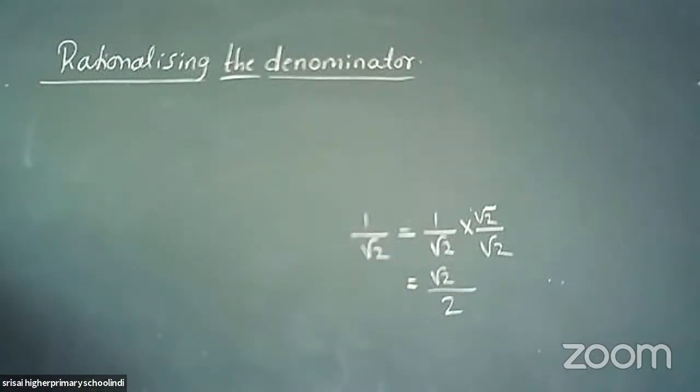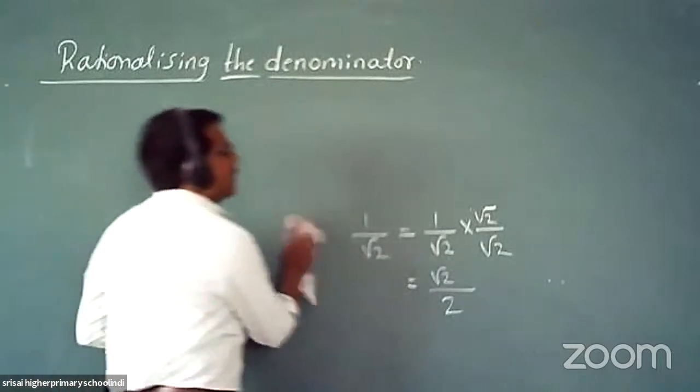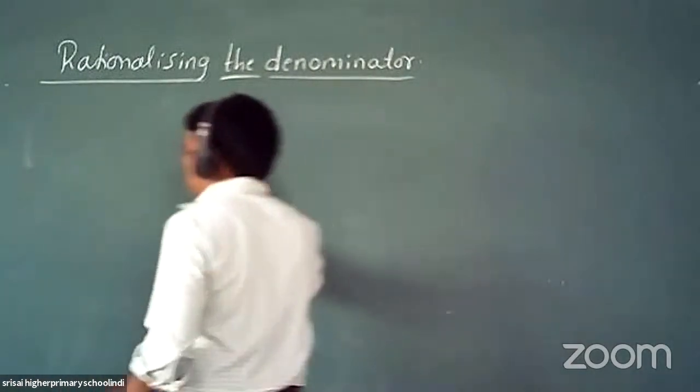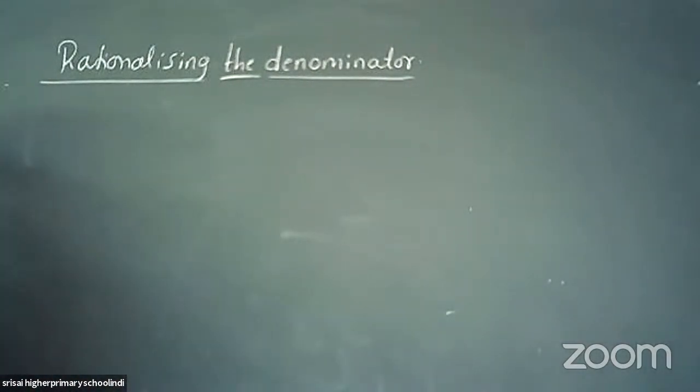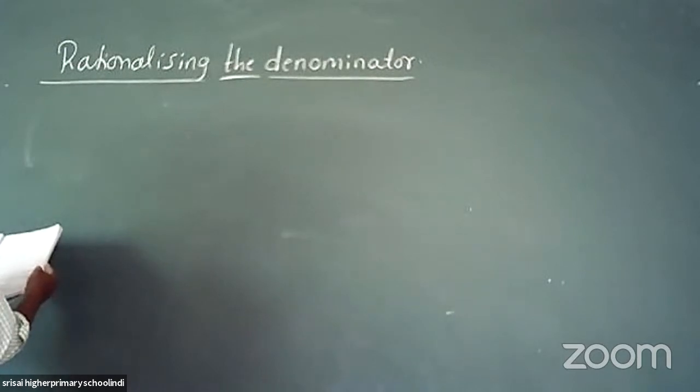So what is rationalizing? Rationalizing the denominator is making the irrational number denominator into rational. So you want to write one sentence.